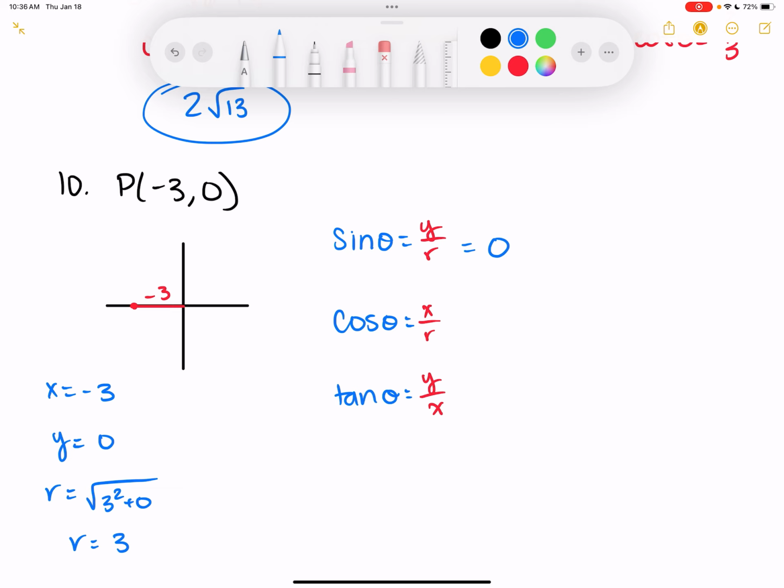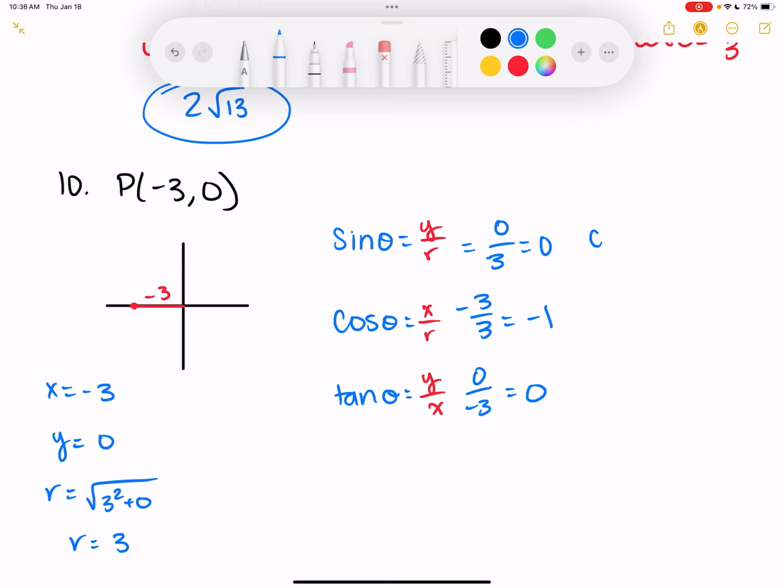Cosine is x over r, which is -3 over 3, which is going to be -1. Y over x is 0 over -3, which is 0.